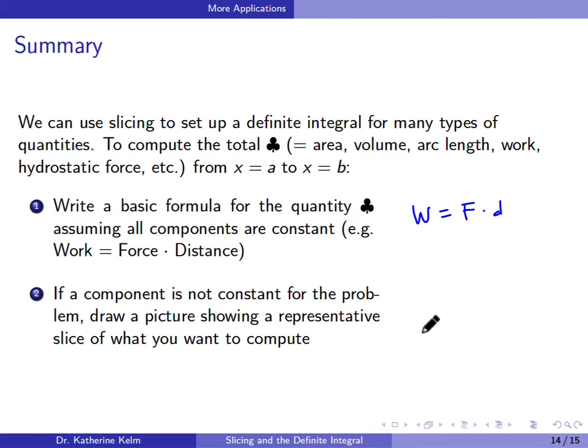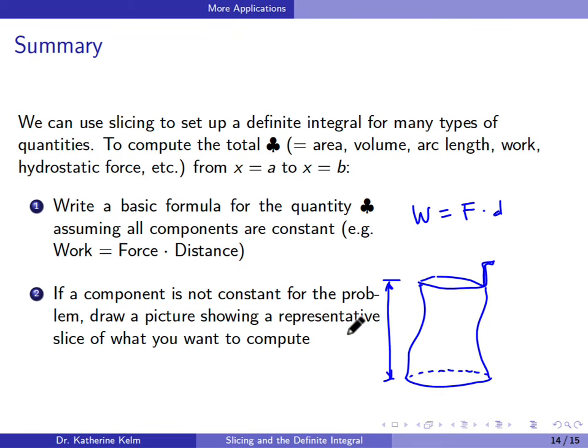If a component is not constant for the problem, we'll draw a picture showing a representative slice of what we want to compute. So for example, in the tank problem, let's suppose that our tank is now 30 meters deep. We'll draw our representative slice and label that with x star.